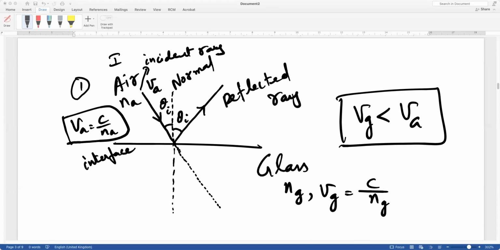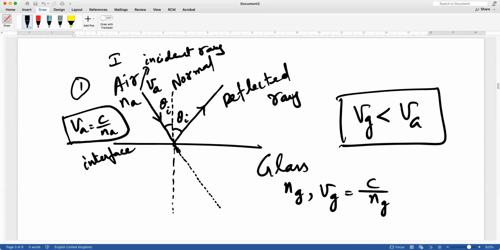I'm not sure. Okay, so the velocity in the glass will be less than the velocity in the air. Then, I'm not going to do all the optics, geometry and everything. It is going to bend towards the normal. Yeah, so we just take it for granted that this is what is going to happen.